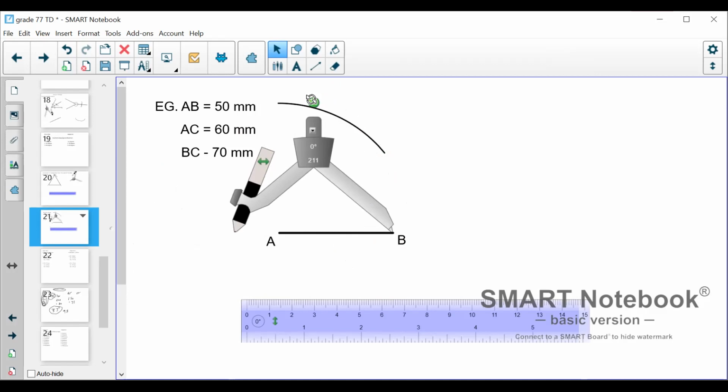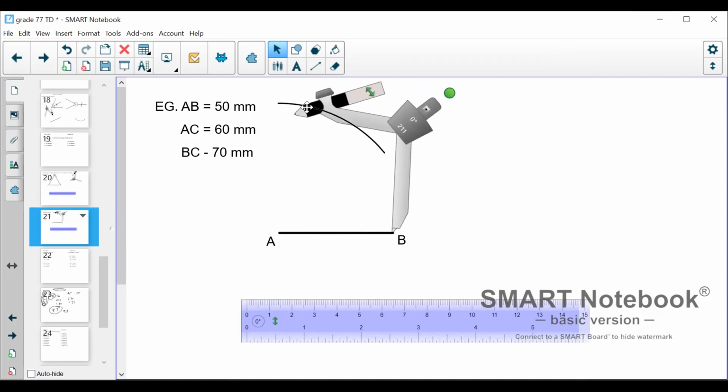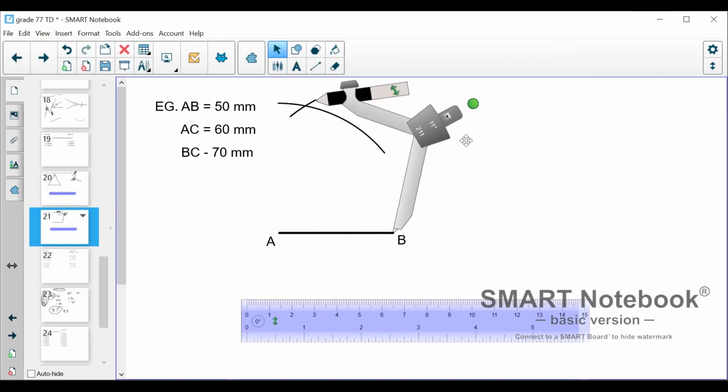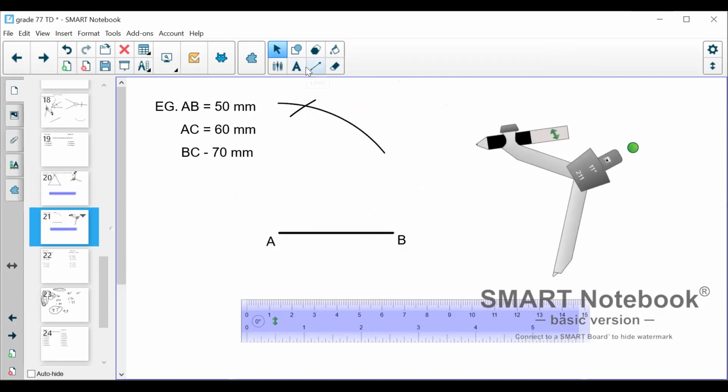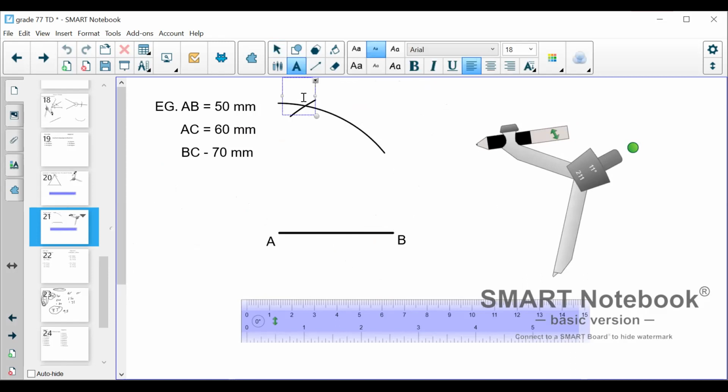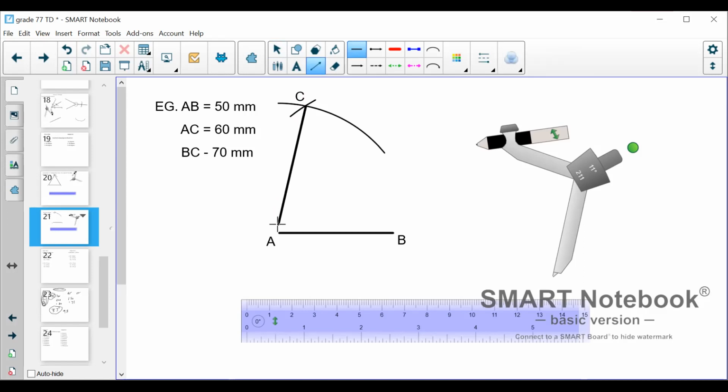Right, using 70 mm, and we scribe an arc, right? So that will give us the point C. All right, we get that point C. So from C, we draw our lines.